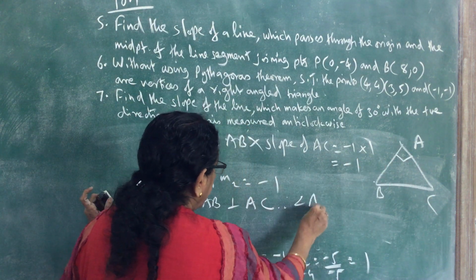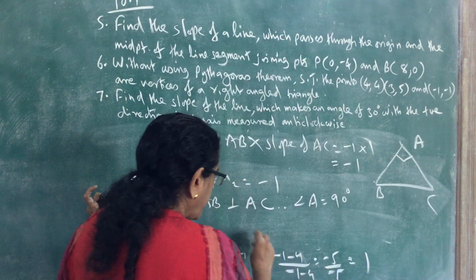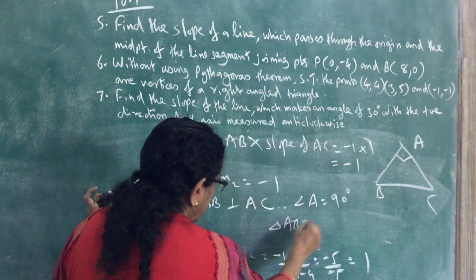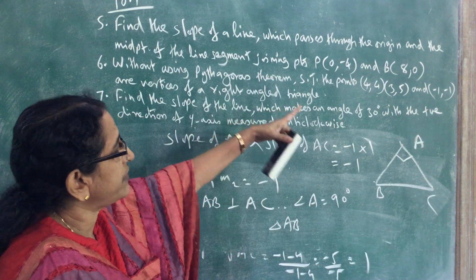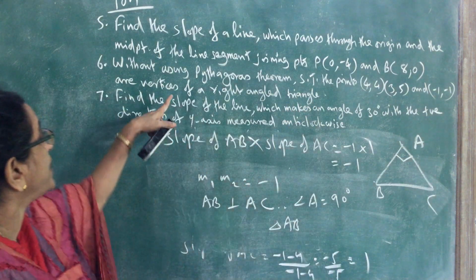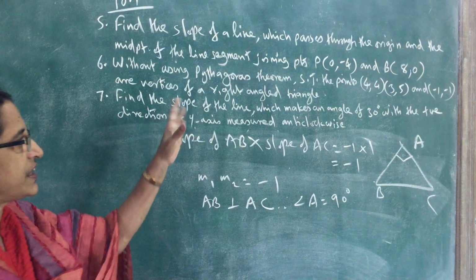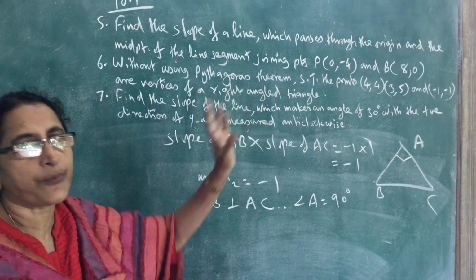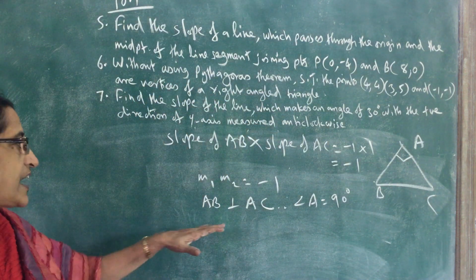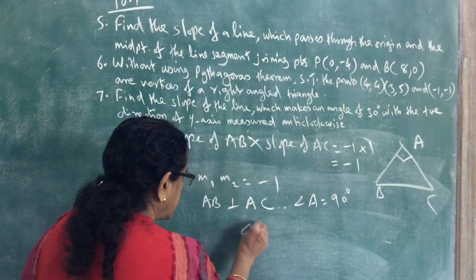Therefore angle A is 90 degree. Therefore the given points are vertices of the right angle triangle. We can write the answer. Therefore, from the question we can write, the given points are vertices of a right angle triangle, or ABC is a right angle triangle.